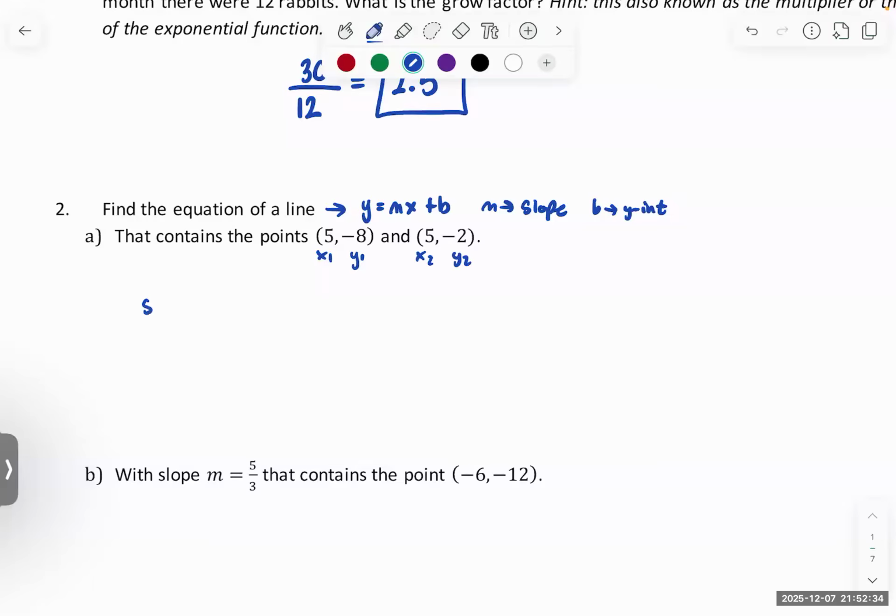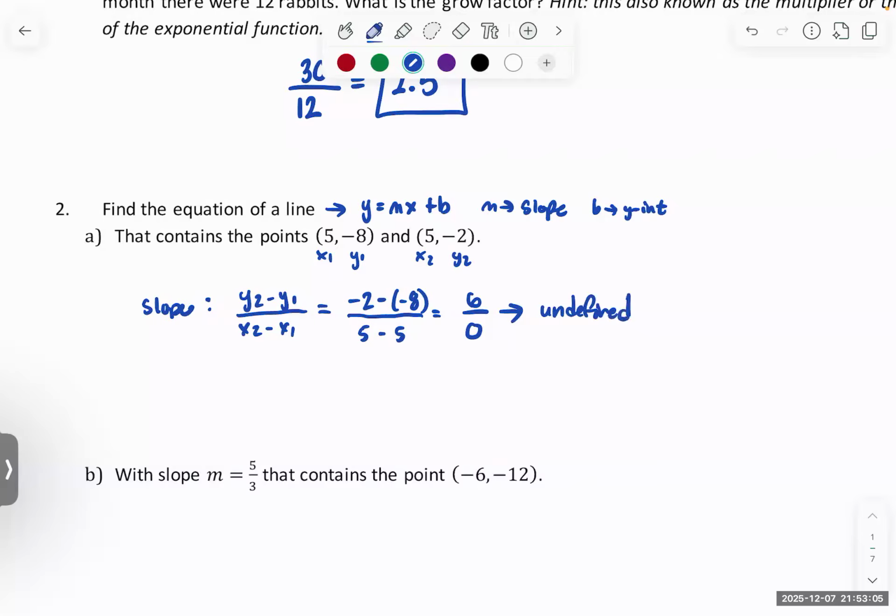So slope is equal to y2 minus y1 over x2 minus x1, which is equal to -2 minus -8 over 5 minus 5, which from here, this is going to be 6 over 0. It doesn't really matter what the numerator is because this is undefined.